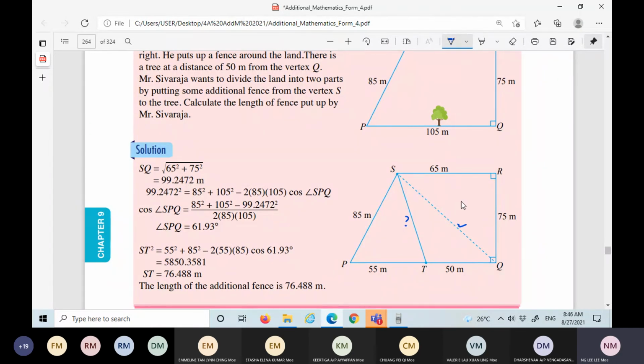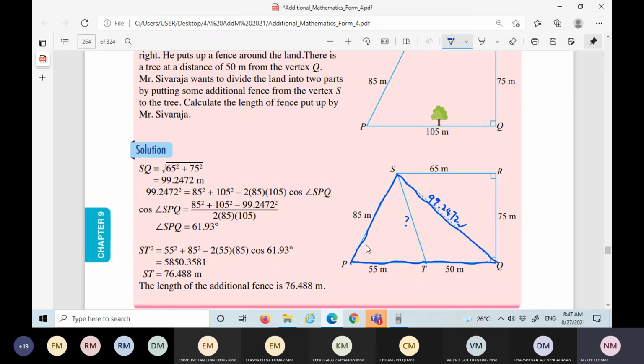Remember this. So SQ, we start with this. SQ is, using Pythagoras theorem, 65 squared plus 75 squared and then square root it. So SQ you get already, this is 99.2472. So you have 1 length, you have 2 lengths, you don't have this length. So how to do? How about we look at this bigger triangle? I trace. We don't look at the 2 smaller triangles.